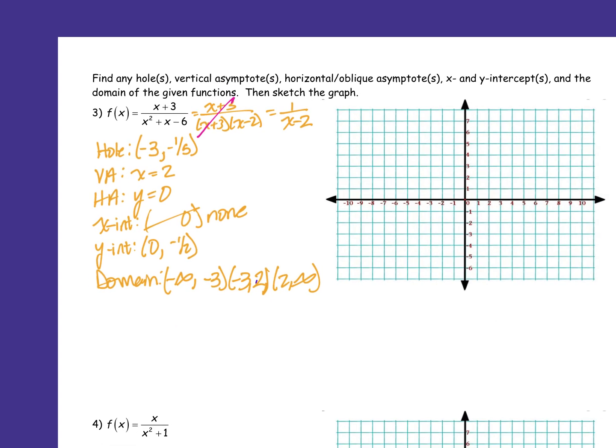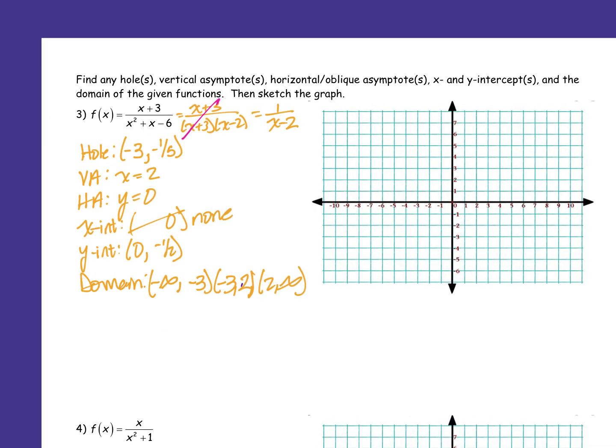So here we go. You guys ready to graph? Okay. So I'm going to put in my asymptotes first. So I've got one at 2, and I've got one at 0. And then I have a hole at -3, -1/5.